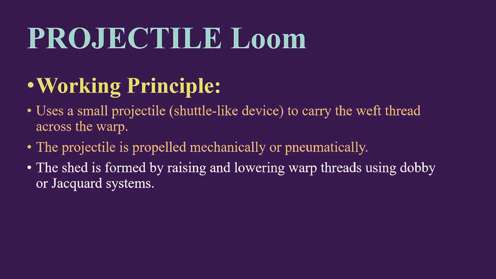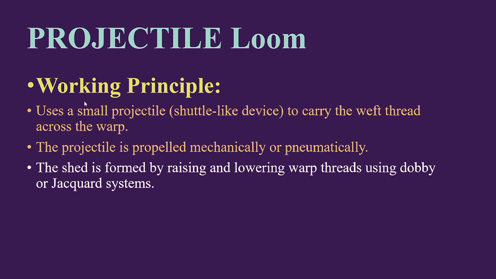Working principle of projectile loom is it uses a small projectile like a shuttle device to carry the weft thread across the warp. The projectile is propelled mechanically or pneumatically.